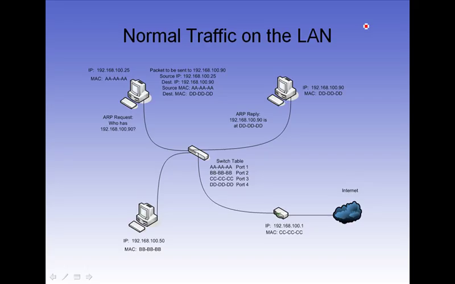So this is my first graphic, and let's see what we have here. This one has 3 computers. This is the router. I forgot to mark that. In the first 2 or 3 slides here, the router has no part. This is a switch.